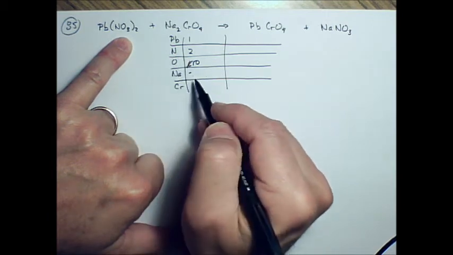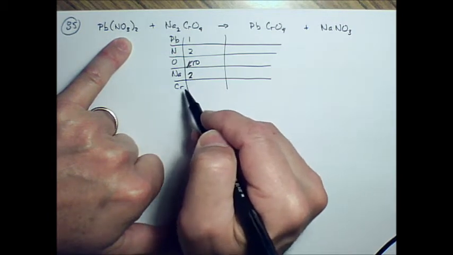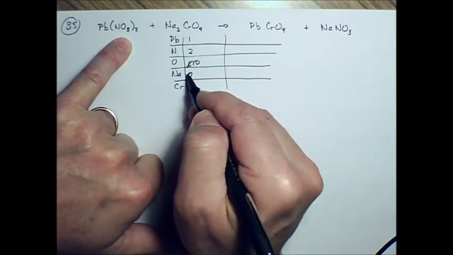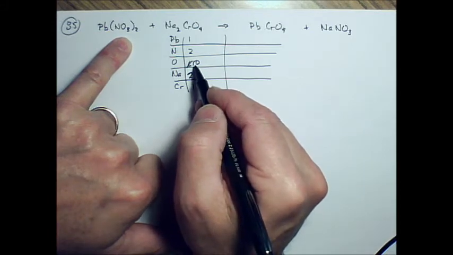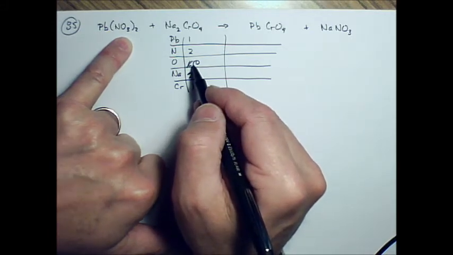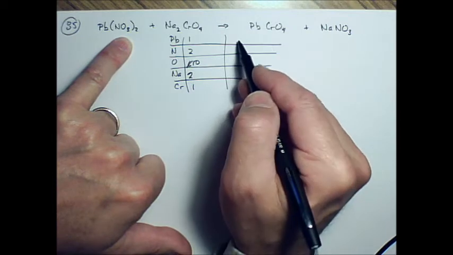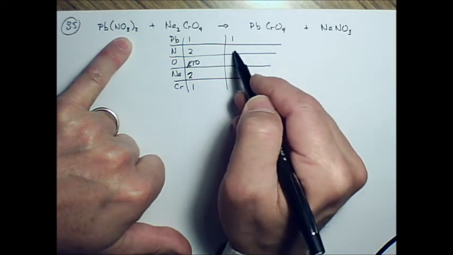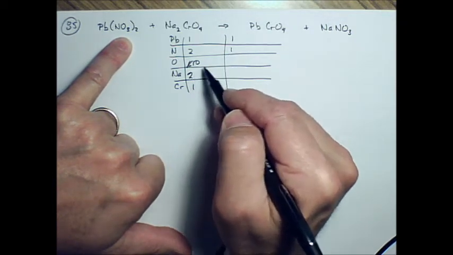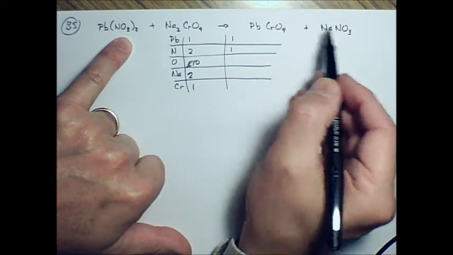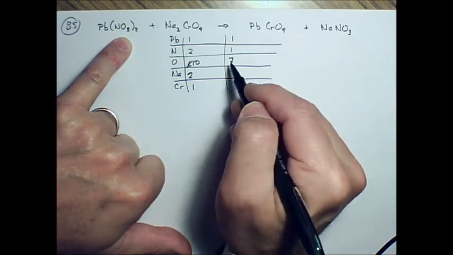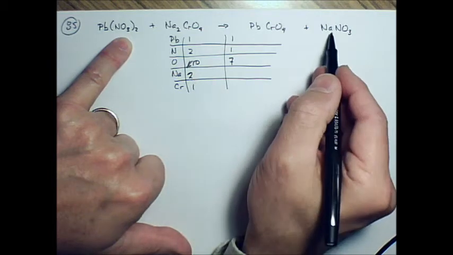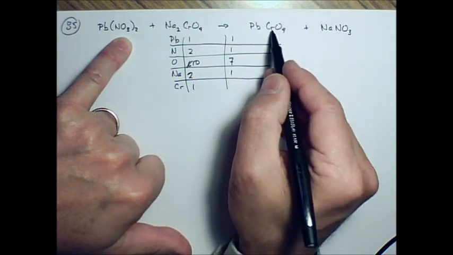How many sodiums? How many chromiums? 1. You see we got the 10 there? Over here on this side, how many leads? Sodiums? 1. How many oxygens? 7. How many sodiums? How many chromiums?